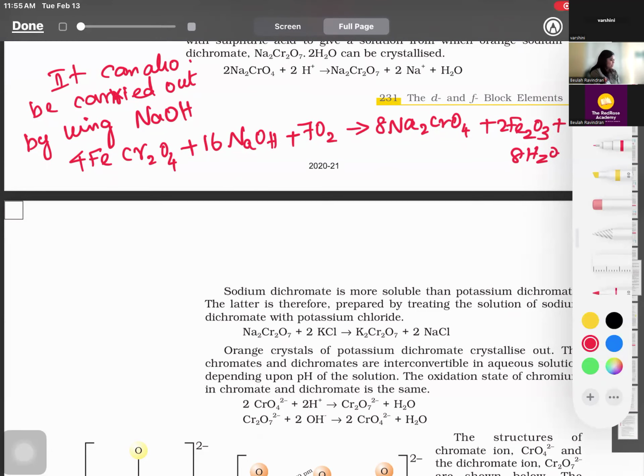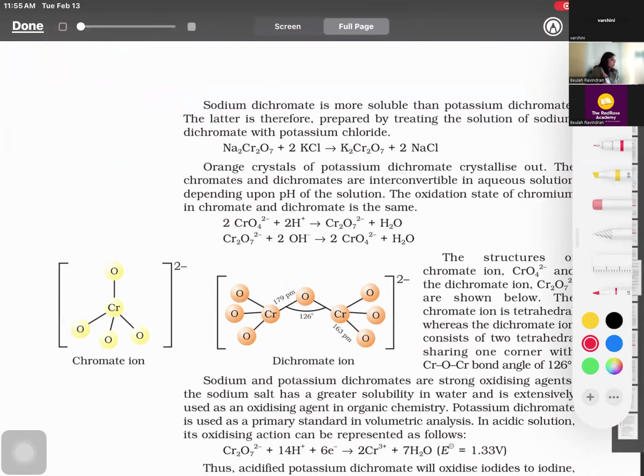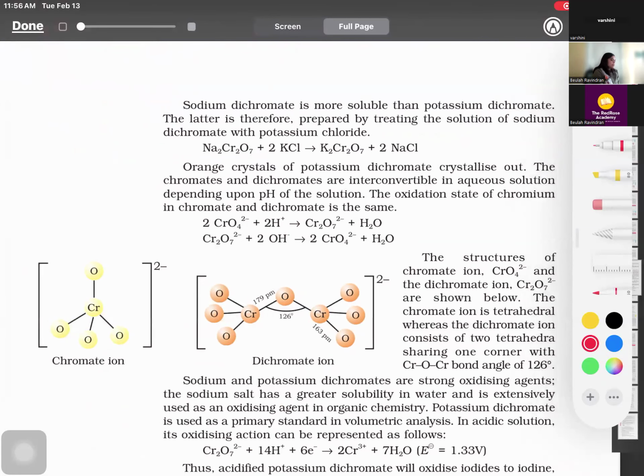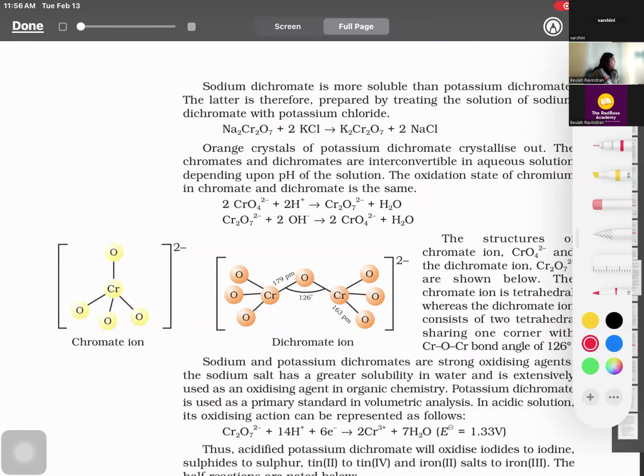So then what is given? Sodium dichromate is more soluble than potassium dichromate. So when compared to potassium dichromate, which is more soluble? Sodium. So the latter is prepared by treating the solution of sodium dichromate with potassium chloride. Initially, what is the problem? Potassium dichromate is less soluble, so it crystallizes out by means of this process.